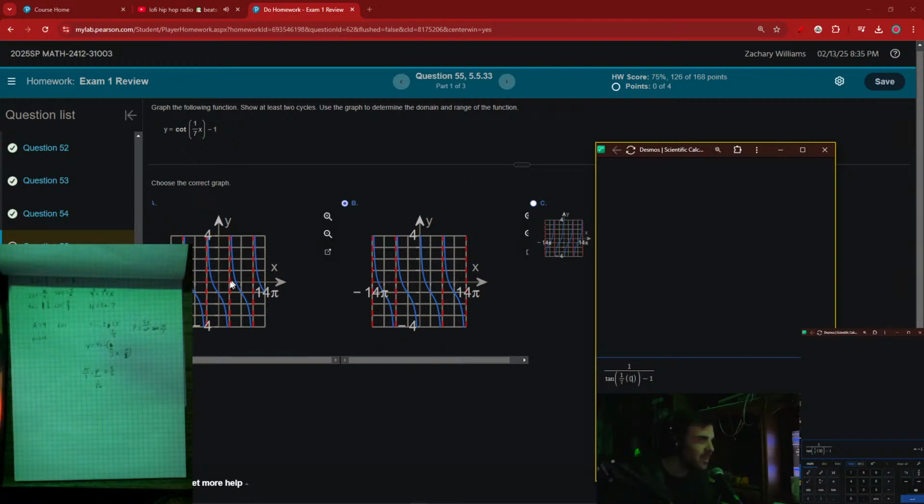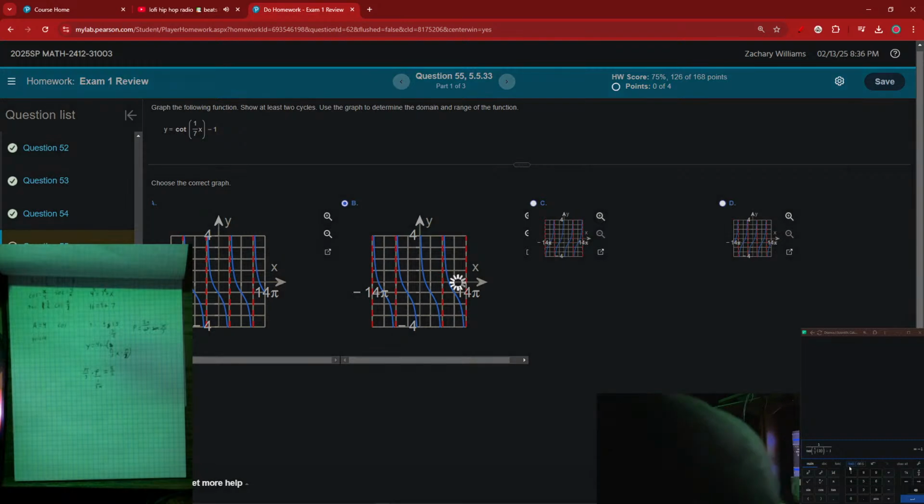Okay, 7 pi is a period. 0, 7 pi, 14 pi. So periods are on this one. Man, I really think it's B. I don't know how to plug in y values too.